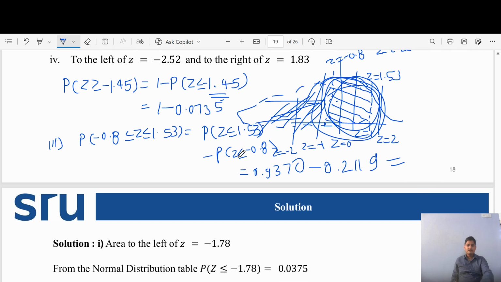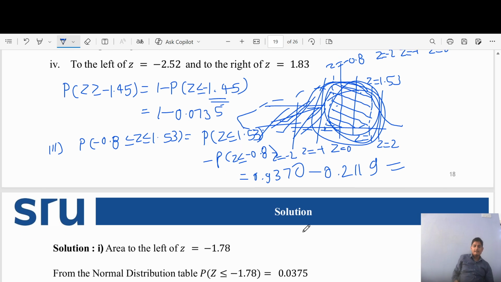Now the next question is to the left of this and to the right of 1.83. So how do we evaluate?